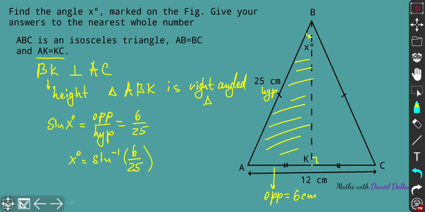Make sure your calculator is in degree mode, so you need to ensure that the degree mode is highlighted on your calculator. Otherwise you'll get the wrong answer in radians, not in degrees. Be careful about that. If you calculate that, you'll get 13.88, or if you round to the nearest whole, it's going to be 14 degrees.